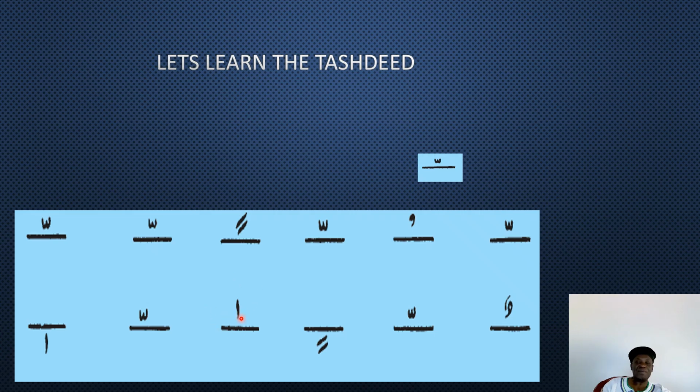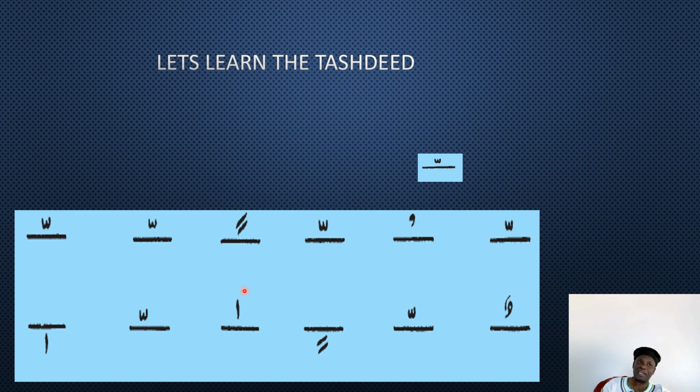This is fatha muqaddara, and this is kasr muqaddara. Wherever you see this on top of a letter, you sound it as a fatha. If it's underneath, it's going to be like a kasr.